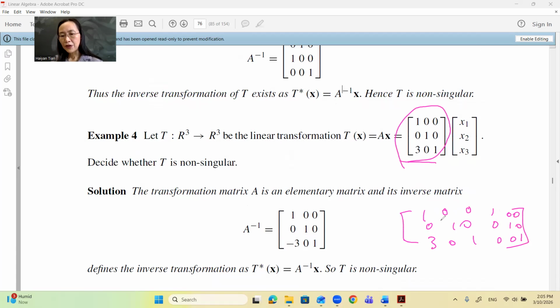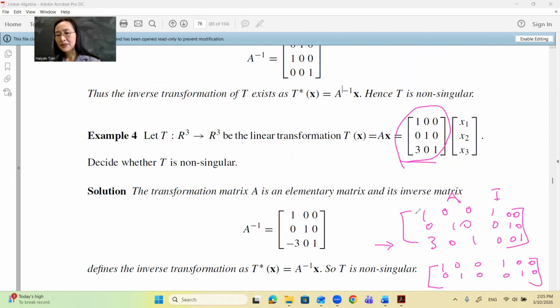And then if I reduce the A to identity, then the identity will become the inverse of A. So we arrange first A and identity side by side. So the A, how can I make it identity? All we need is to do a replacement of the third row. So keep the first row as is, second row as is, third row, do a replacement.